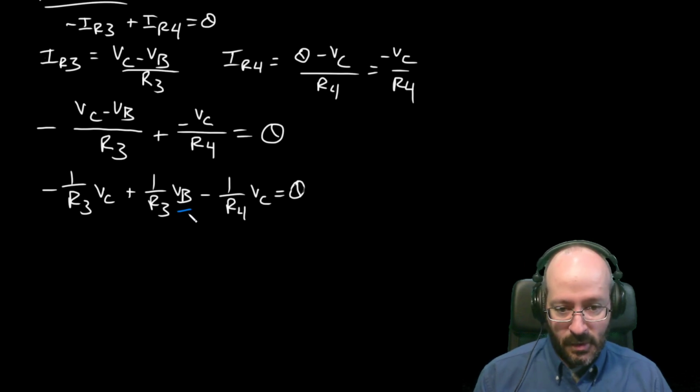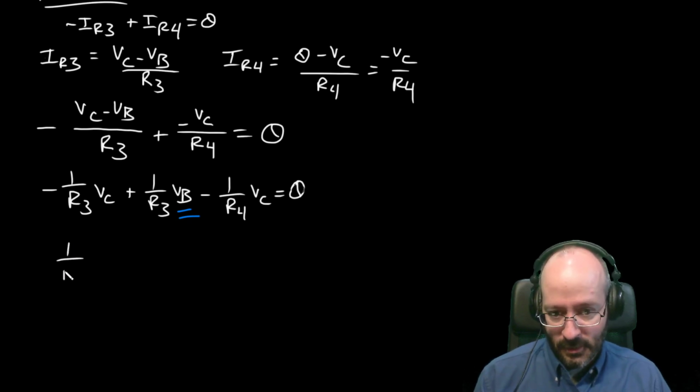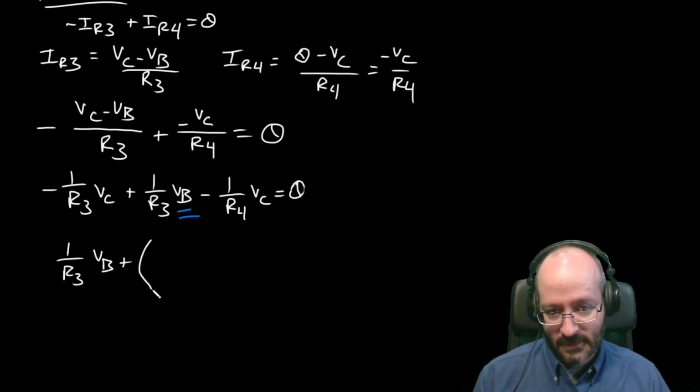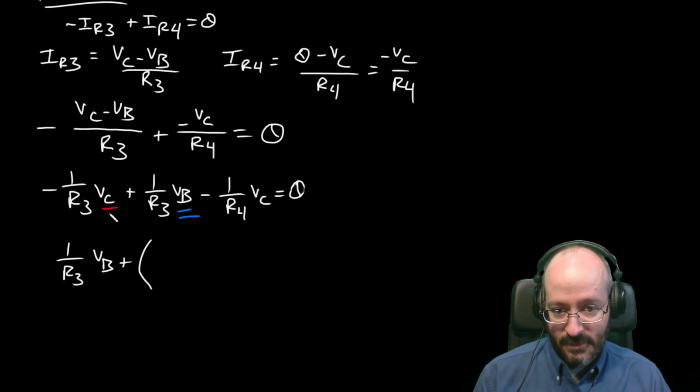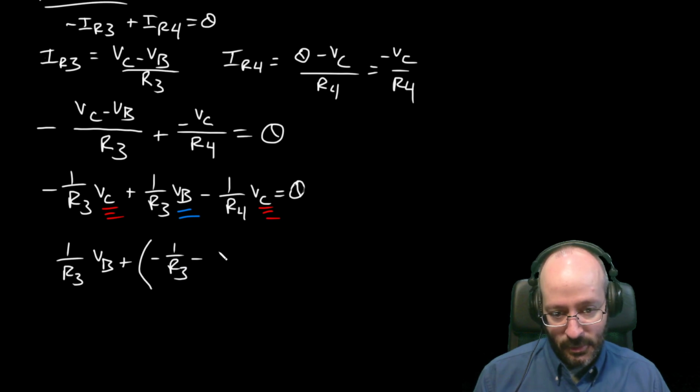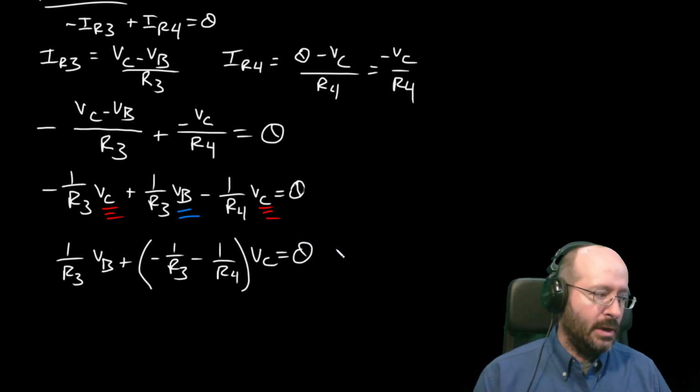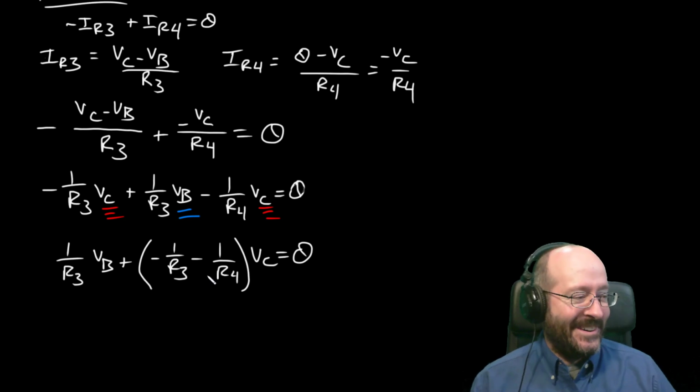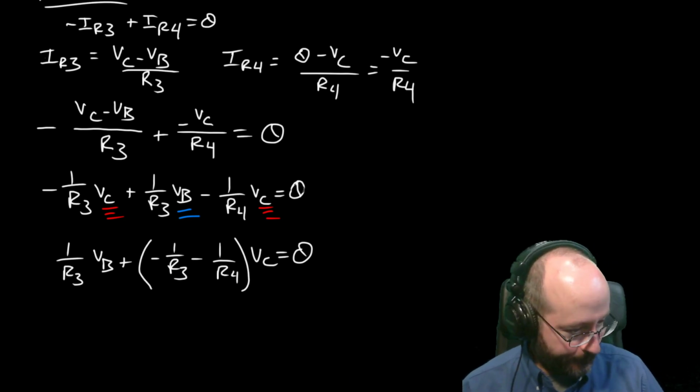So we're going to look for our VB term, and we have 1 over R3 in front of VB plus, and then we have some VC terms here, and we get negative 1 over R3 and negative 1 over R4. That's in front of VC, and the 0 drops down. Same algebra. I can make you do it quicker. We'll get there.